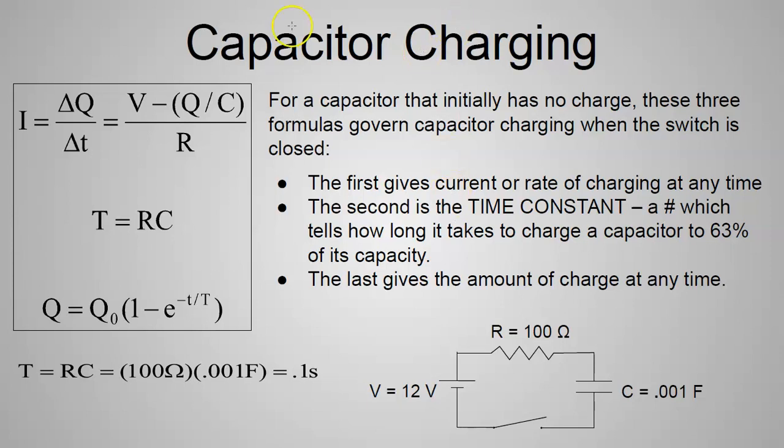Right here I have the current I is going to be equal to the change in charge over the change in time, and that's going to be equal to the voltage minus Q over C, divided by the resistance. If you go back to your thing here, C equals Q over V, so you can see that V is going to be equal to Q over C. So they've kind of made this little substitution here.